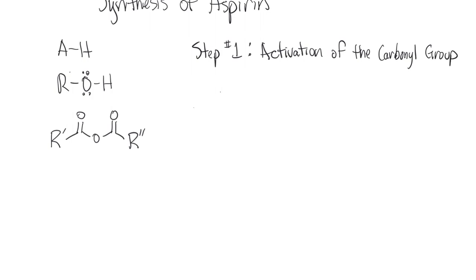Okay, so we have our alcohol here, and this is just going to be sitting in the background for just a minute. And we have our acid with the acidic hydrogen. And then we have our acid anhydride.